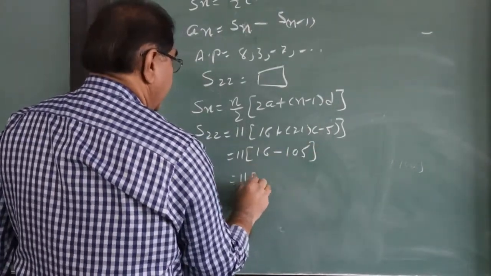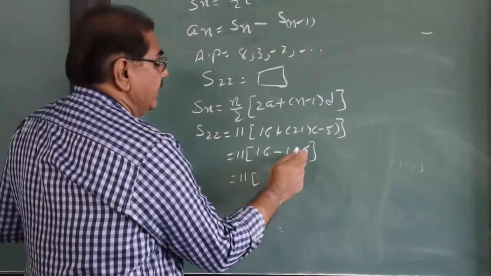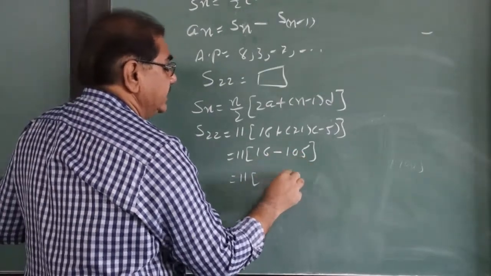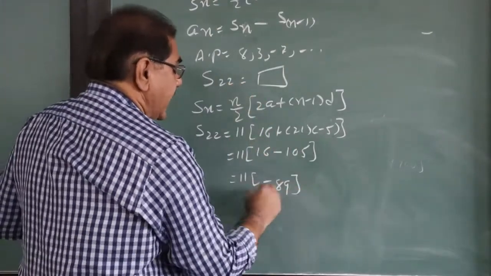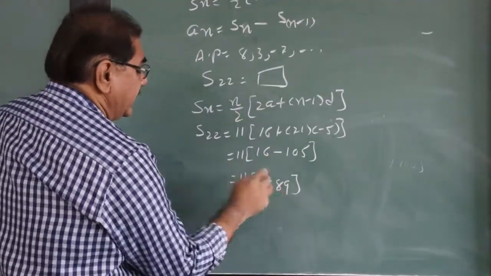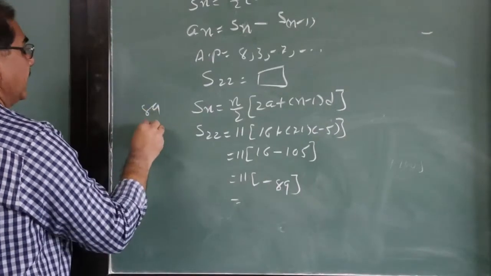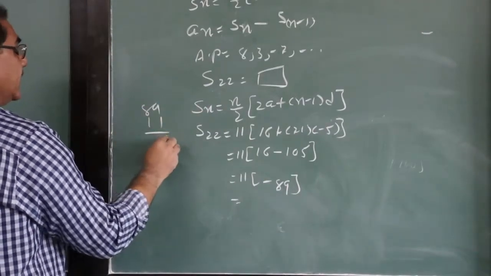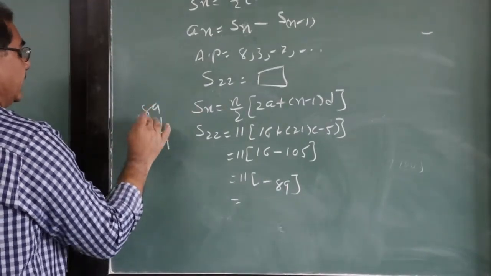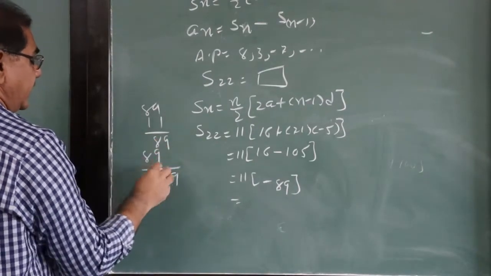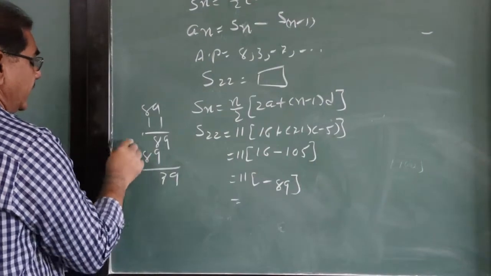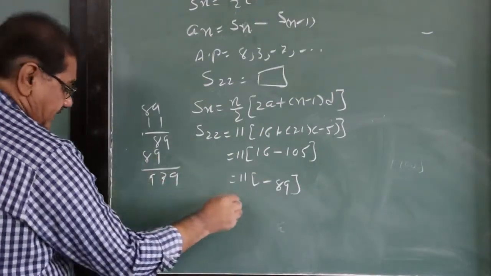So 11 into bracket, what is the difference? 15 minus 6 is 9, 9 minus 1, 8. So minus 89 is the difference. So 11 into minus 89. We multiply: 9 ones are 9, 8 ones are 8, 9 ones are 9, 8 ones are 8. So 9, 9 and 8 17, 1 carry forward, 8 and 1 9, but the sign is minus.